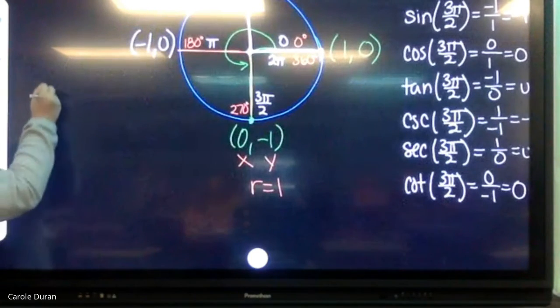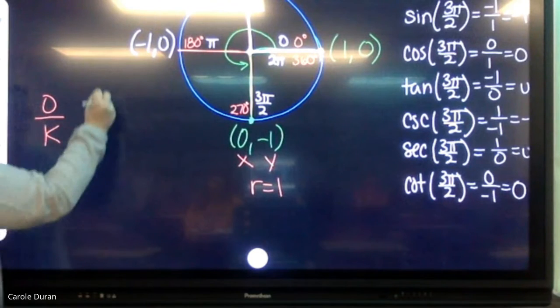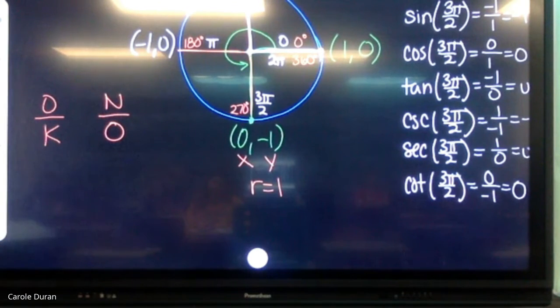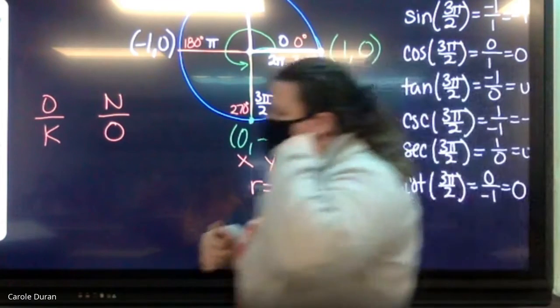If the 0's on top, it's okay. If the 0's on the bottom, it's a no-no. Sometimes it helps, sometimes it doesn't.